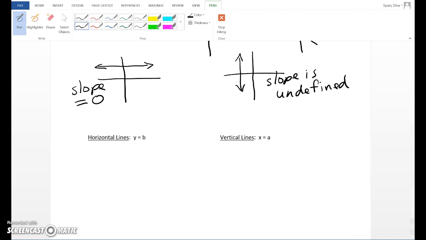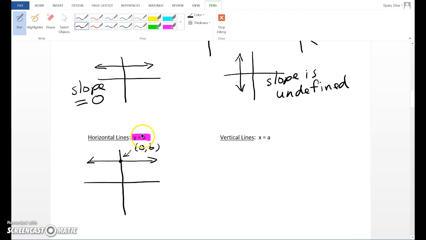Let's talk about horizontal lines, what their graphs look like. I just sketched one up there, but they're flat, just like this, and the equation of a horizontal line, very important, is y equals a number. Notice that there's no x in this equation at all, it's just y equals a number, and it's going to cross the y-axis at the point (0, b).